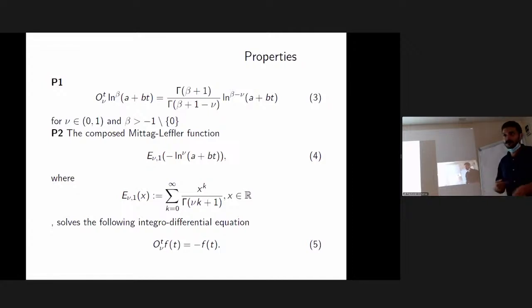So we can say that in this case, the eigenfunction of the operator is a composition of the Mittag-Leffler function with the logarithmic function. In the more general case of the fractional derivative with respect to another function, we have the composition of a Mittag-Leffler function with the time-dependent diffusivity.